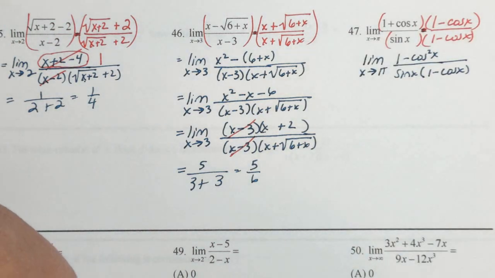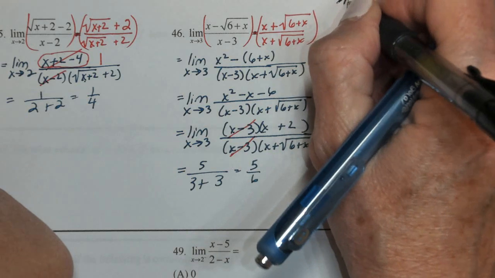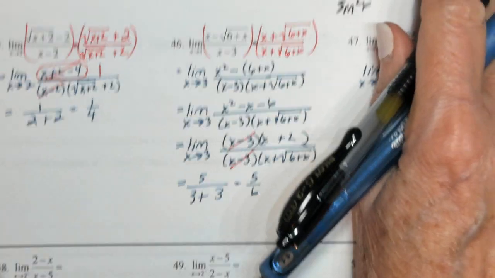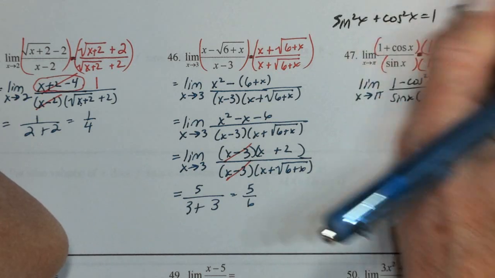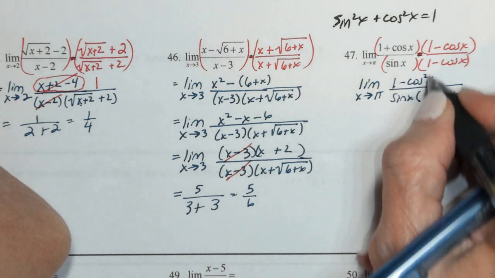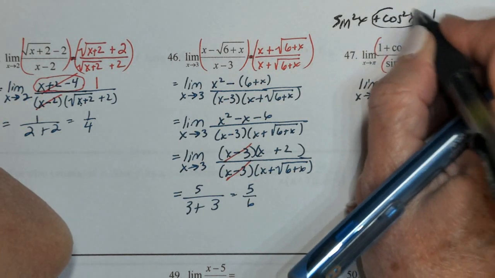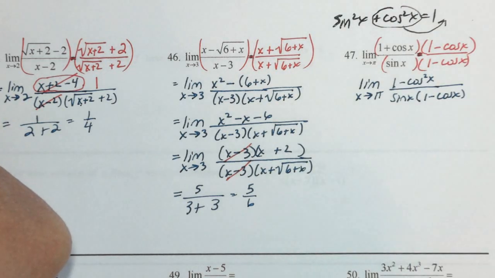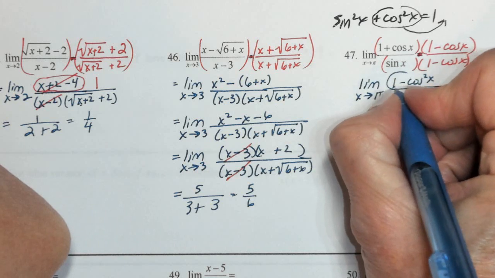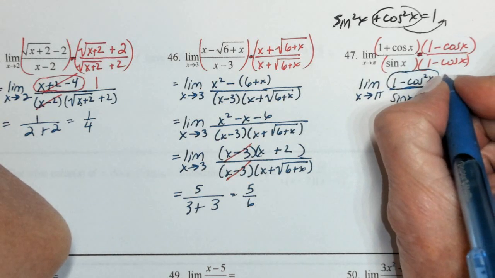There's the Pythagorean identity that says that sine squared x plus cosine squared x is equal to 1. So we have 1 minus cosine x. If I move this to the other side, it'll be 1 minus cosine squared x. So that means that this thing right here is sine squared x.